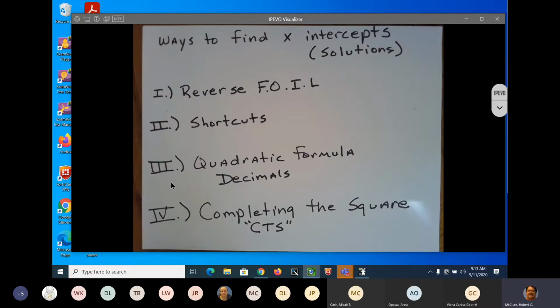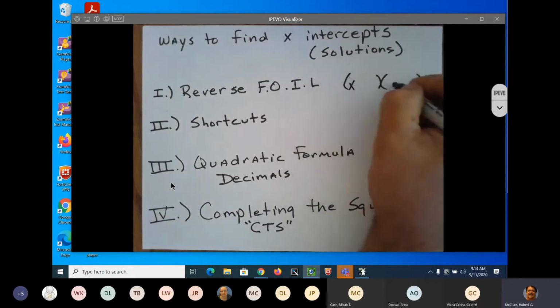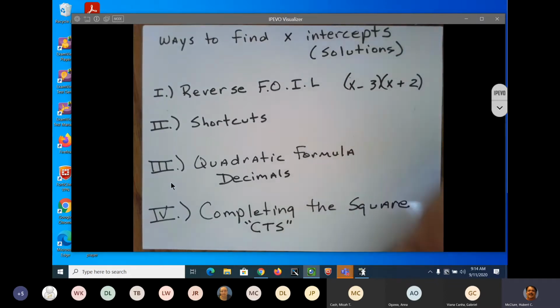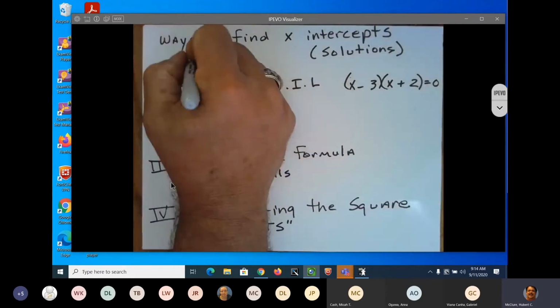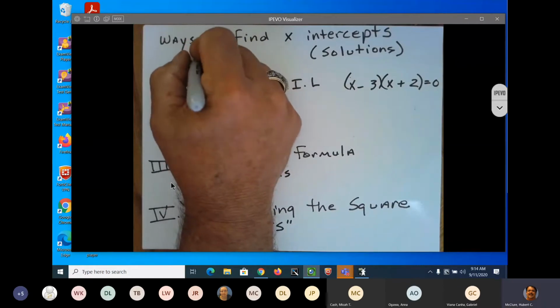And that is the reverse FOIL, and that would be parentheses, x, 3, 2, -3, +2, and set that equal to 0. All right, and remember, plug in 0 for y. Oh, I just wrote that down wrong.